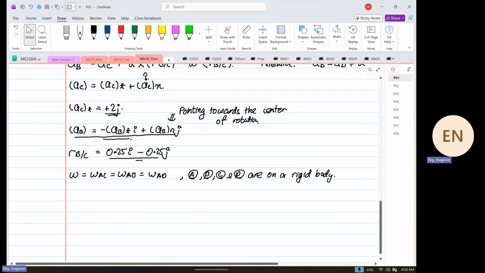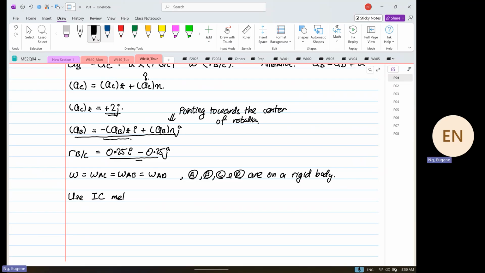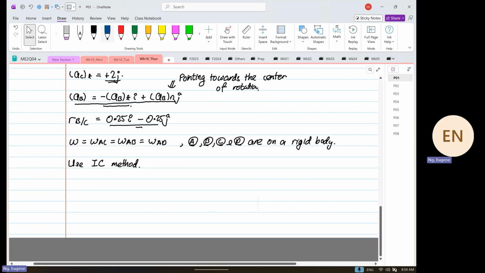So we can use the IC method, the instantaneous center method.